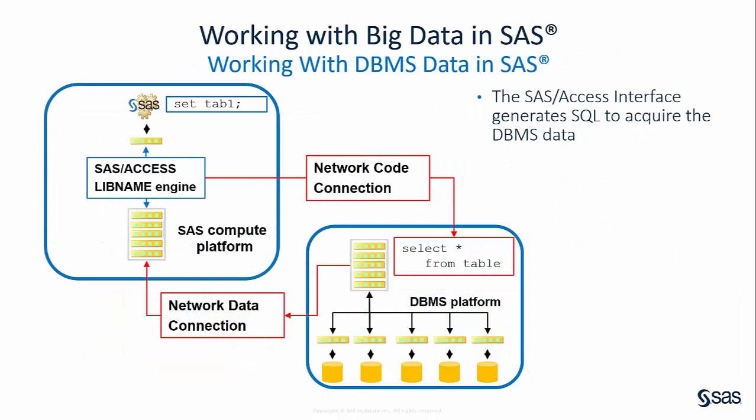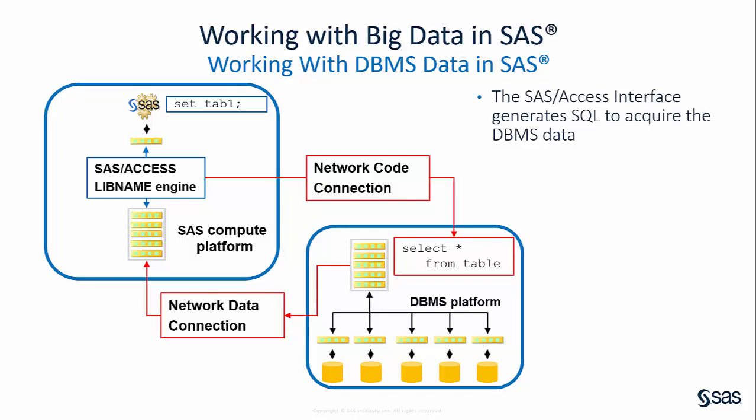In today's world, though, frequently our data doesn't live on the same machine where our SAS process lives. We frequently use data stored in database systems. We get transparent access to that via the SAS/ACCESS LIBNAME engine, which makes connections to the database and retrieves data for us to process.